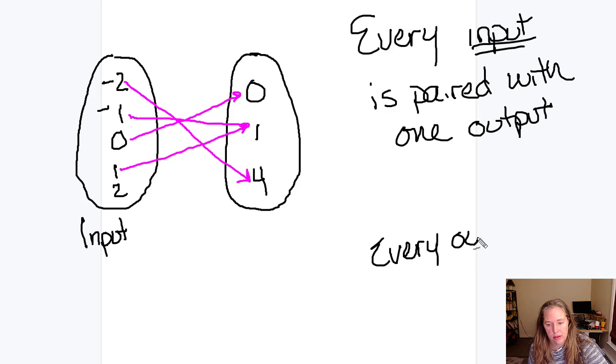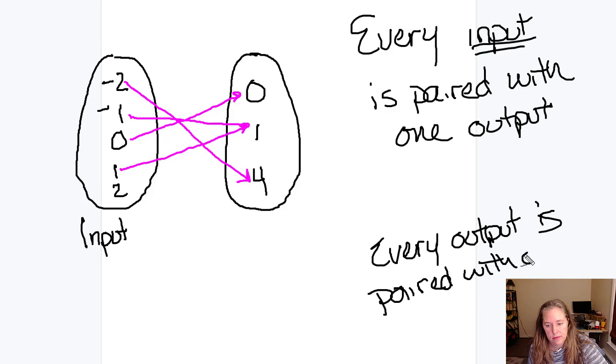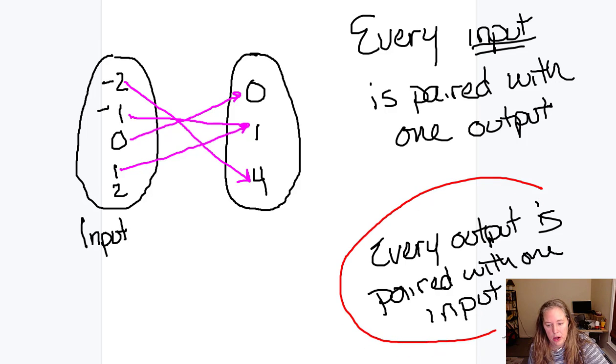This is a different sentence: every output is paired with 1 input. It does not have to happen. So I'm going to put a big no here. This does not have to happen.